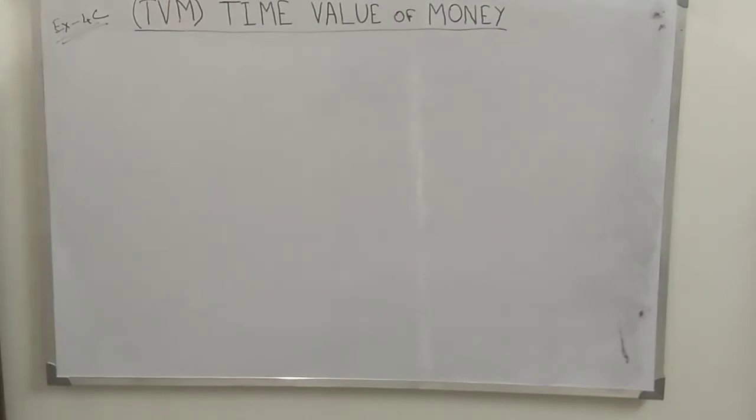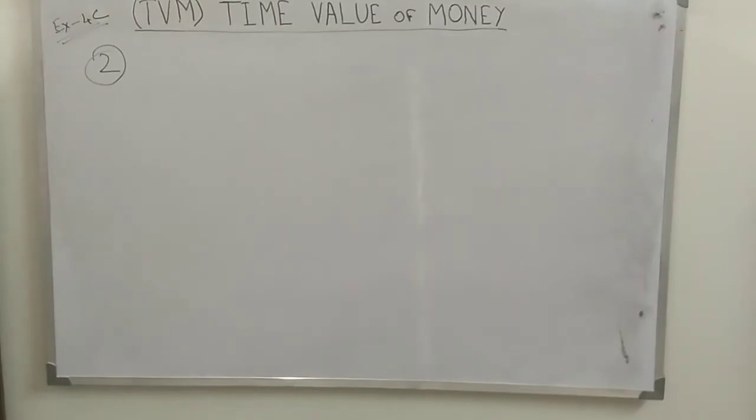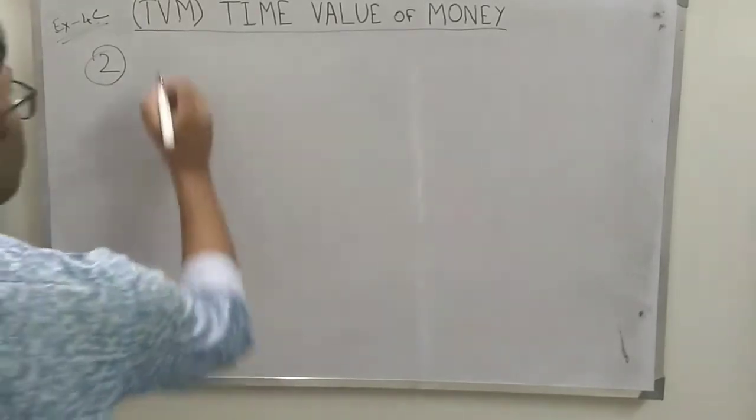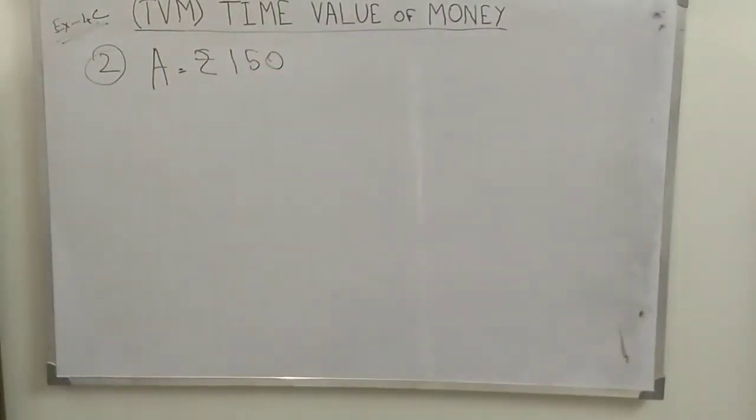Now question number 2. In question number 2, it is asked that the amount of an annuity certain of rupees 150 for 12 years at 3.5% per annum compound interest. That means the value of annuity is rupees 150 for 12 years at 3.5% per annum compound interest.